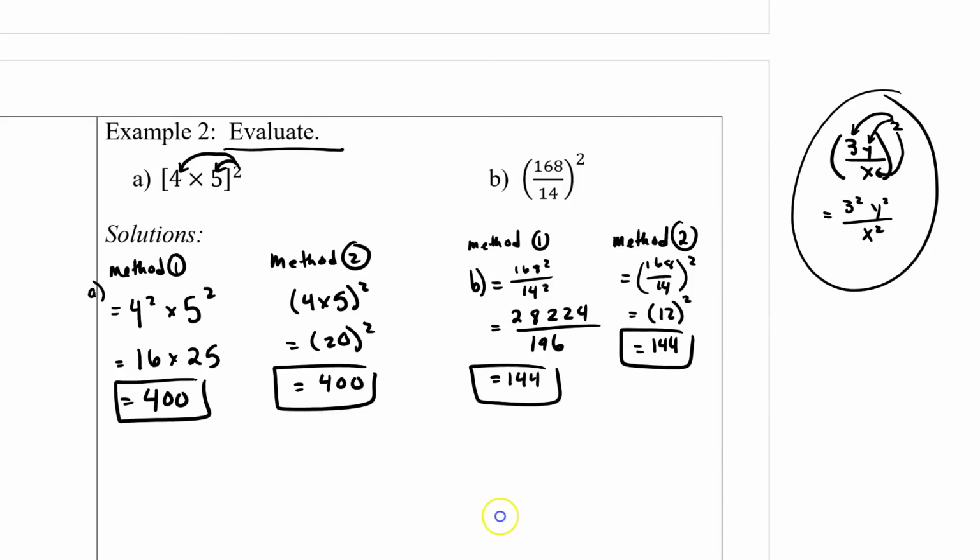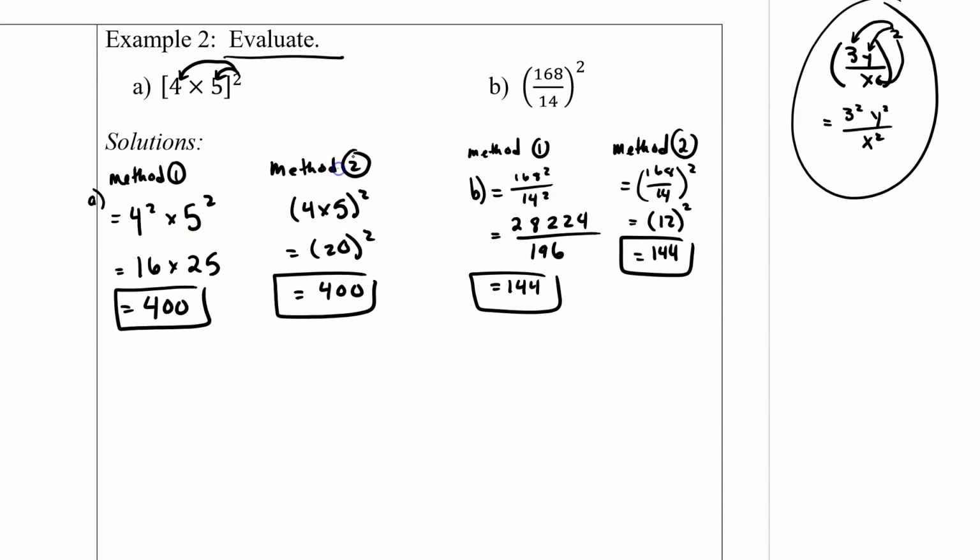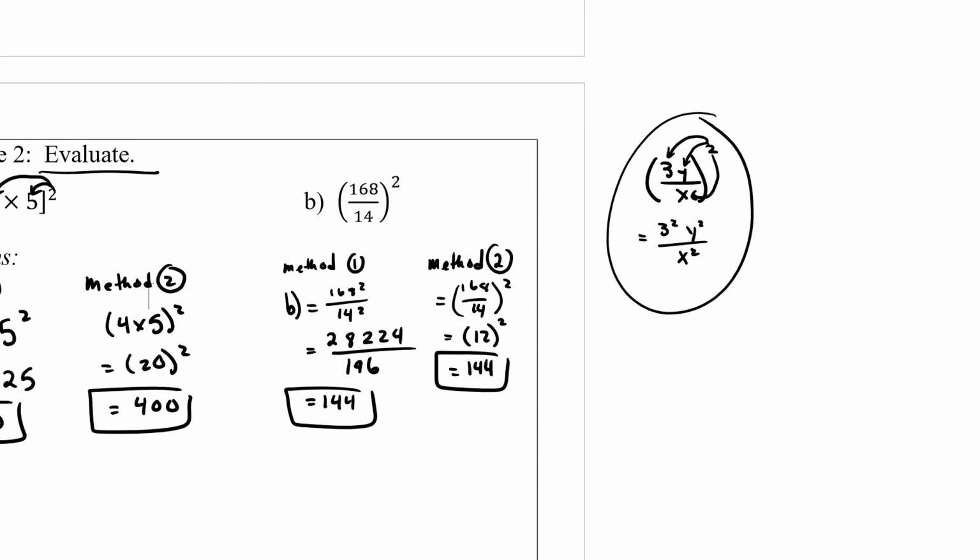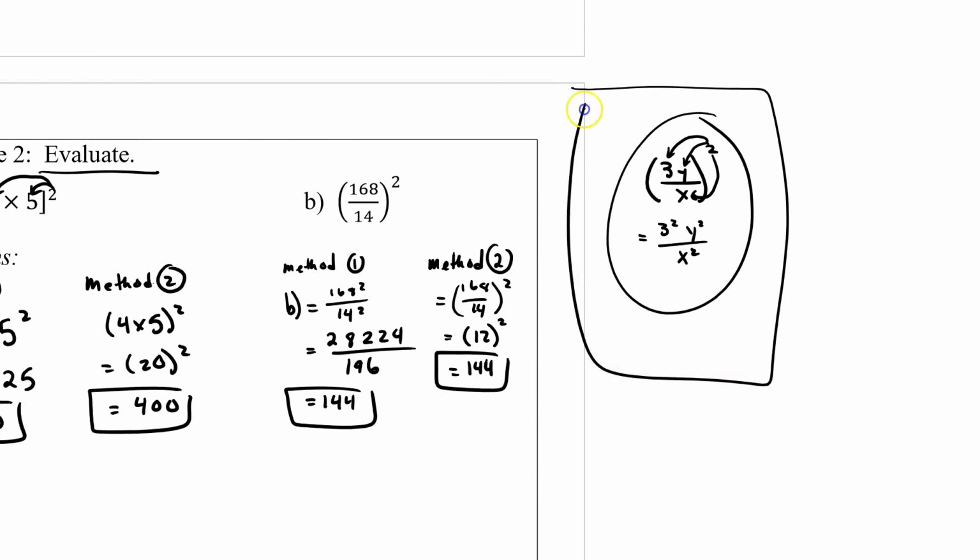So whether you choose to do method 1 or method 2, it doesn't matter. But remember, keep your eyes on the prize. The exponent needs to have contact with all of the numbers in the numerator and denominator.